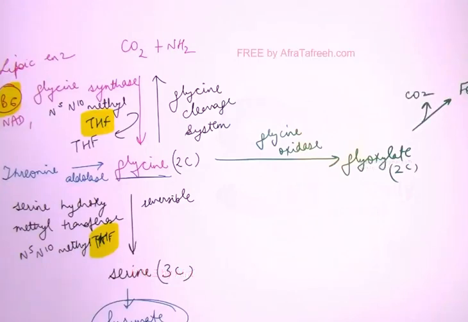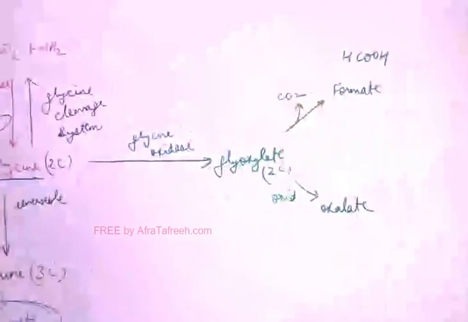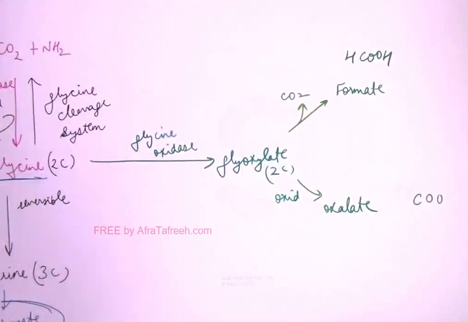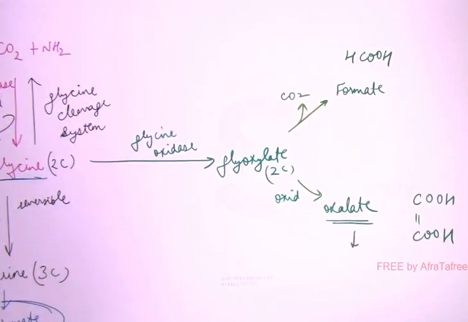Formate is HCOOH. It is having only 1 carbon. On the other hand, glyoxylate on oxidation will be converted to oxalate. Oxalate is having 2 carbons, 2 carboxy group here like this, and oxalate can then be excreted in urine, right?